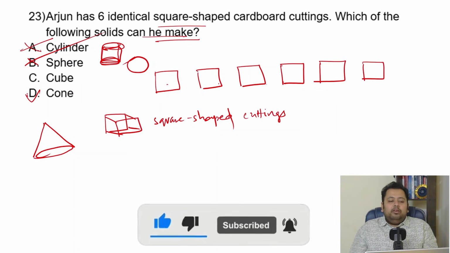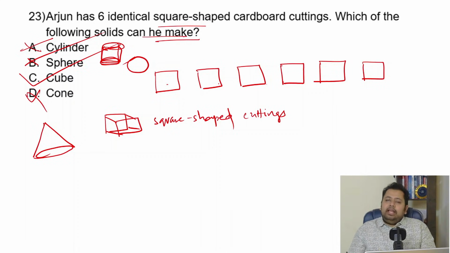So cone cannot be the answer. Obviously cube is your correct answer. You did not even need to draw this one. If you know that a cube is drawn through six square-shaped cardboard cuttings or six square-shaped faces, you can solve this question within seconds.